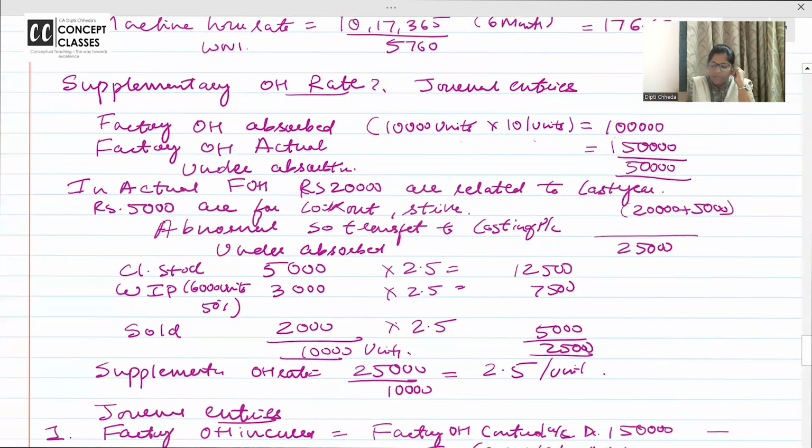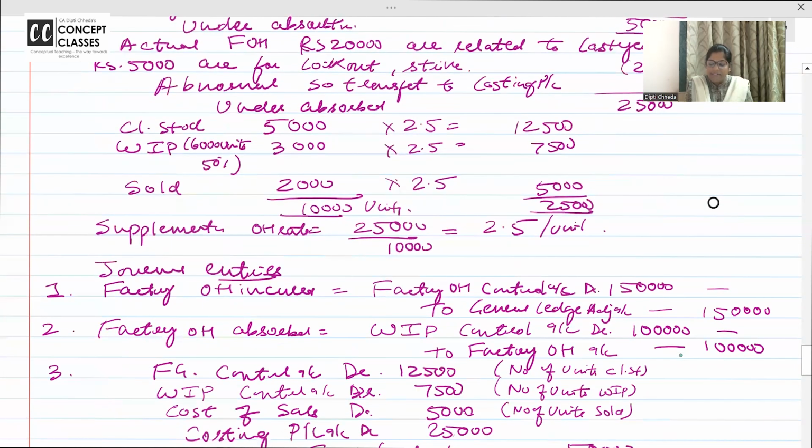Out of 50,000, 20,000 and 5,000 is because of lockout या last year का अभी पे हुआ है. ये भी बहुत common example है. 5,000 is last year's factory overhead I have paid now, and 20,000 is I paid extra because of lockout. So ये 25,000 you remove. Now remaining 25,000. So remaining 25,000 I have charged less. Divide by equivalent units, 2.5 per unit.